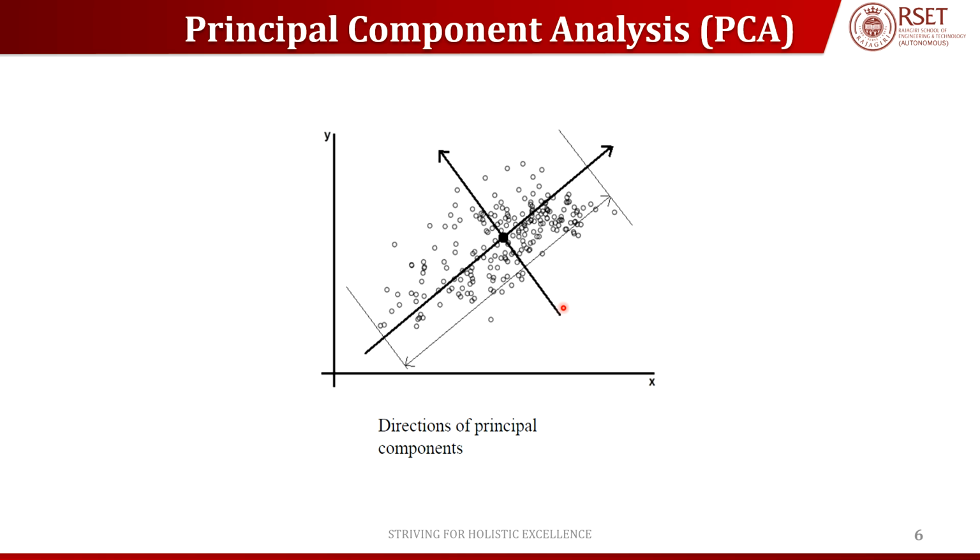Every principal component must be orthogonal to all other principal components, and this ensures that the components are linearly uncorrelated and there is no redundant information between them. So these two components act as a new coordinate system for our data, which is now aligned with the data's maximum spread.